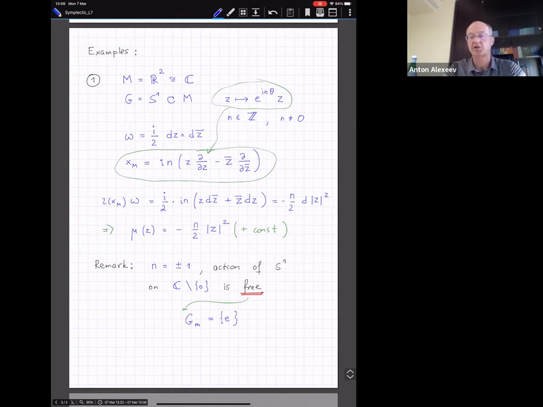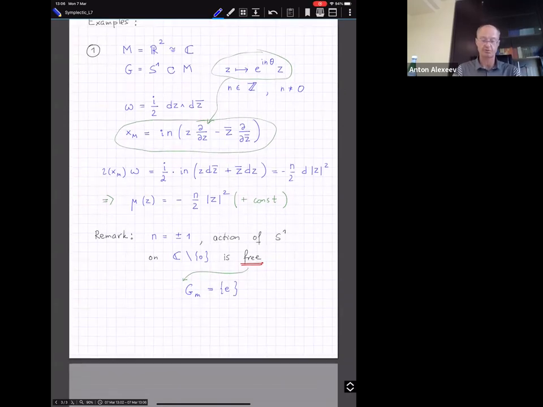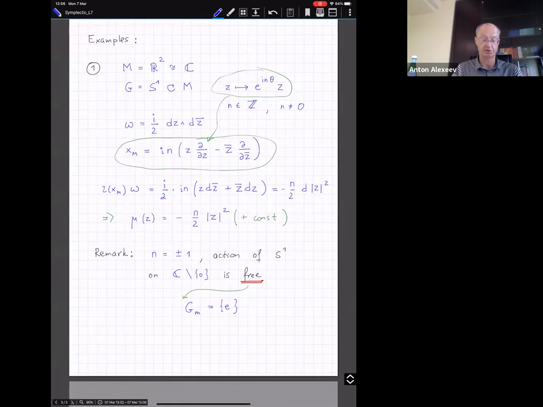So there would be, in general, for any point, a non-trivial stabilizer. But if n equal to plus or minus 1, then the action is free. And this will be important for various applications. All right, so that's the first example.